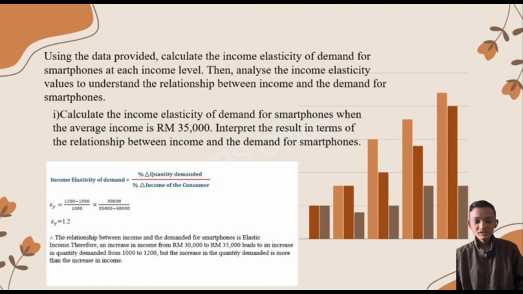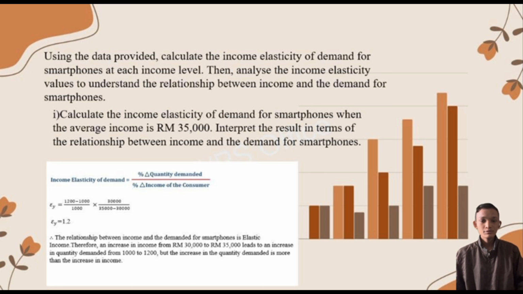The solution is 1,200 minus 1,000 divided by 1,000, times 30,000 ringgit divided by 35,000 minus 30,000. The answer is 1.2 income elasticity.